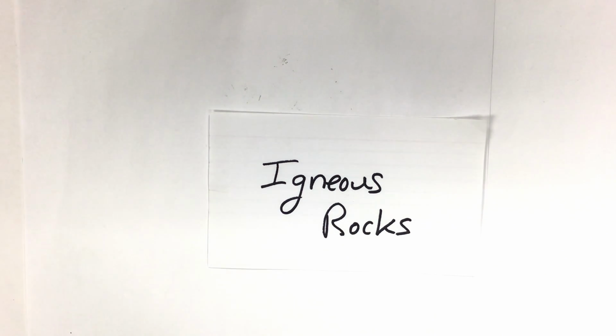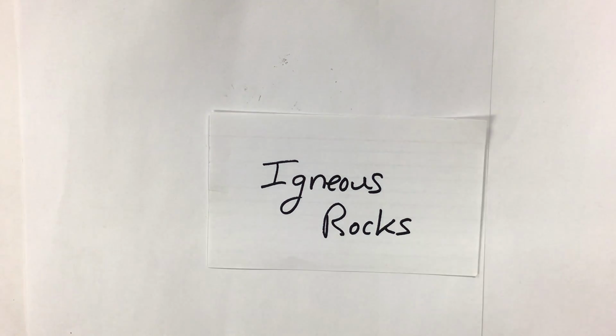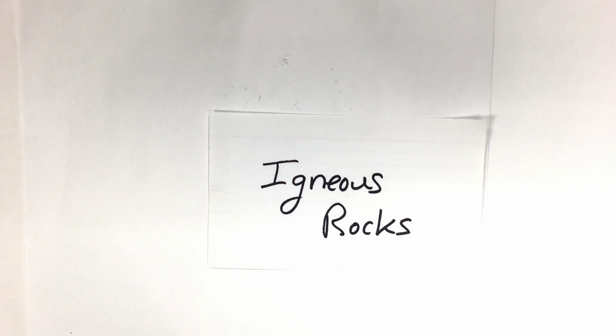An intrusive igneous rock is a rock that cools inside the earth, so it is magma that cools down. An extrusive igneous rock is a rock that cools outside of the earth, so it is lava. These are important because intrusive igneous rocks, being inside the earth, are insulated by the ground around them, so they cool very slowly and you get large mineral crystals inside.